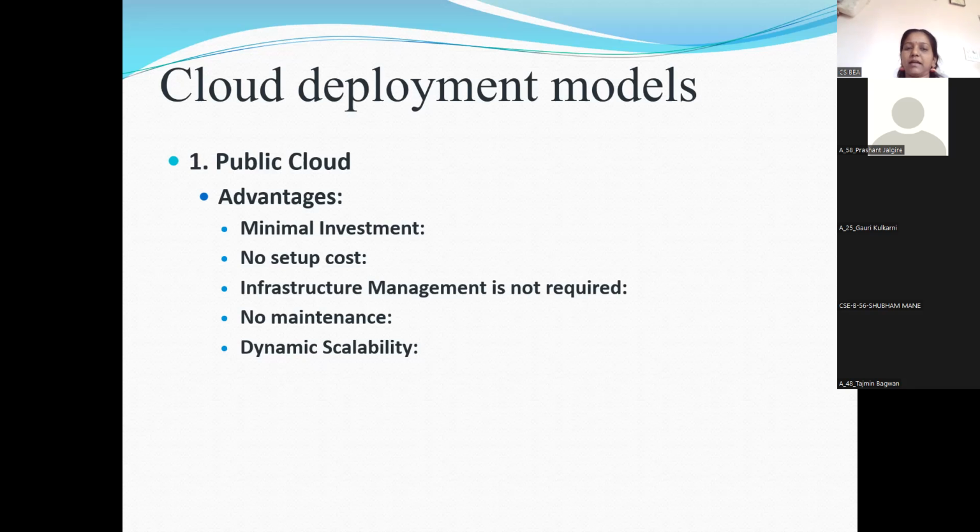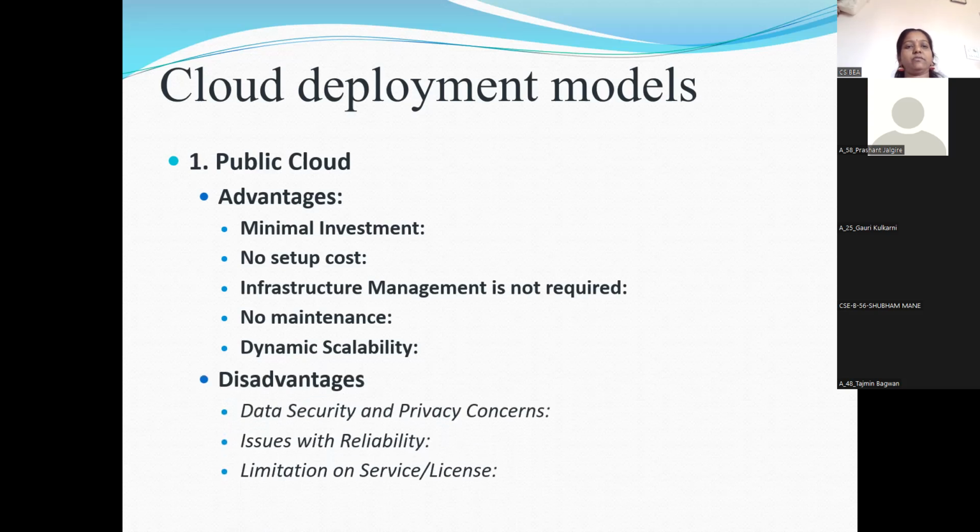But still, there are some disadvantages of this public cloud, and that we are going to discuss now. In that, the first concern will definitely be data security and privacy concerns. Why? Because it is open to the public, you are providing open access, so it does not provide complete protection against cyber attacks and may expose weaknesses.